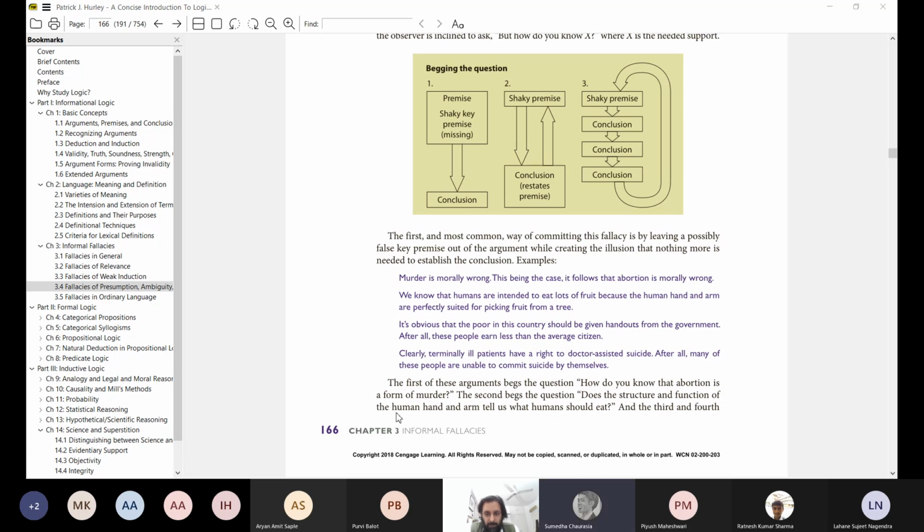Can I give it a go? Maybe the question is why does their inability to do something, like that something is committing suicide, justify their right to be assisted in that activity?